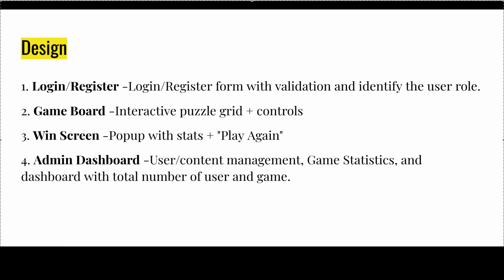Then it takes you to the win screen when you win the game, which congratulates the player and offers the option to play again or view the leaderboard. And the last is the admin dashboard. In the login, you log in with an admin username, and it shows user content management, game statistics, and a dashboard with the total number of users in the game.